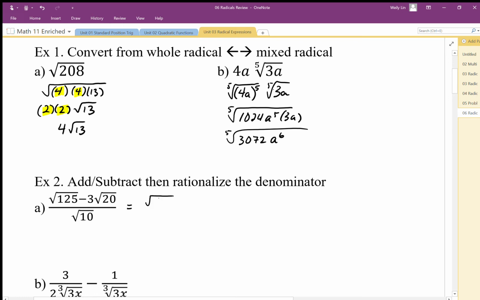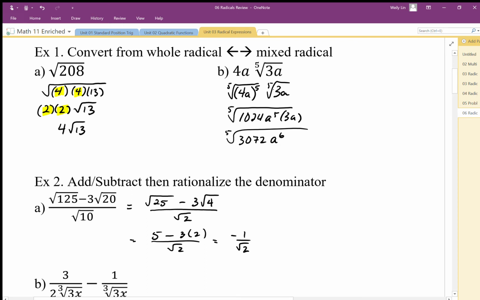So we're going to end up with square root 25 minus 3 times 4 all over square root 2. Now when we do that, notice that we're just left with those perfect squares. So that makes it nice and easy. 5 minus 3 times 2 all over square root 2. So we end up with negative 1 over root 2.